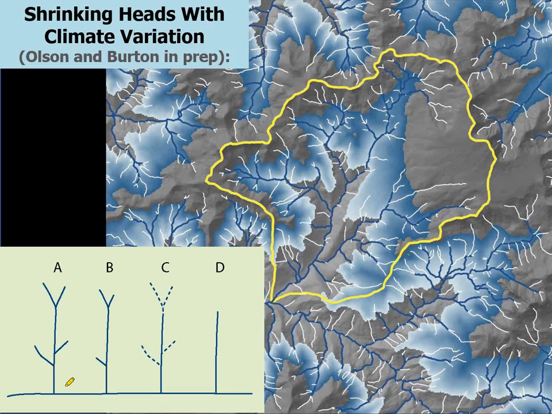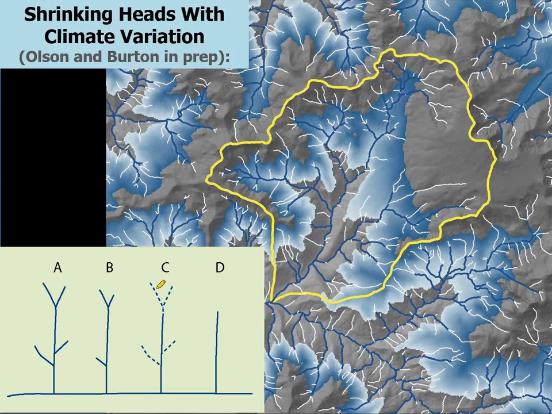Another example of a natural disturbance is when we have weather variation, climate variation. And later on in the show today, I'll talk about some data that we have that when you have wet years, you have your headwater streams flowing, but as you have drier years, then some of those headwater streams start drying up.